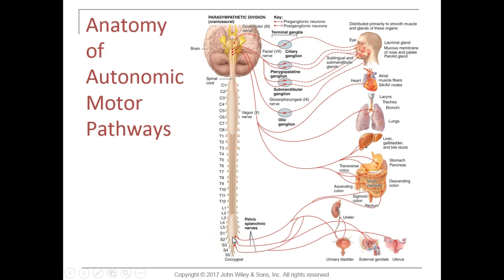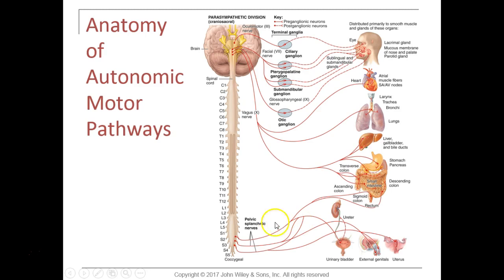So for that reason, the parasympathetic nervous system is referred to as the craniosacral division, because its preganglionic neurons only ever leave from the brain or from the sacral region of the spinal cord. So the picture definitely shows me that.